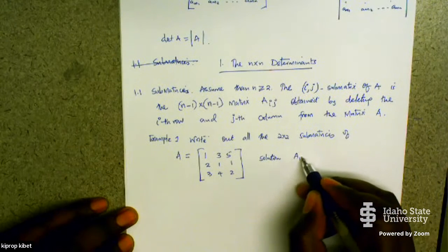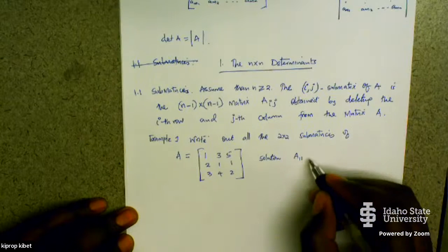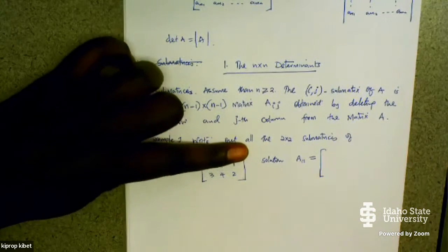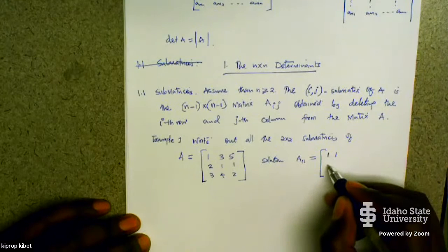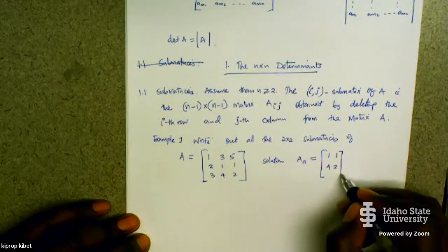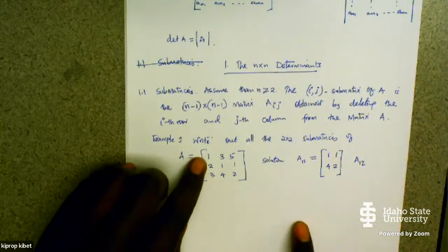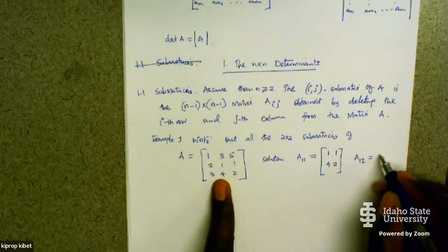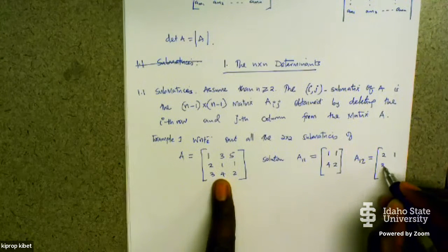To get A11, we delete the first row and the first column, which gives you 1, 1, 4, and 2. To get the second one, A12, we delete the first row and the second column, and we get 2, 1, 3, and 2.